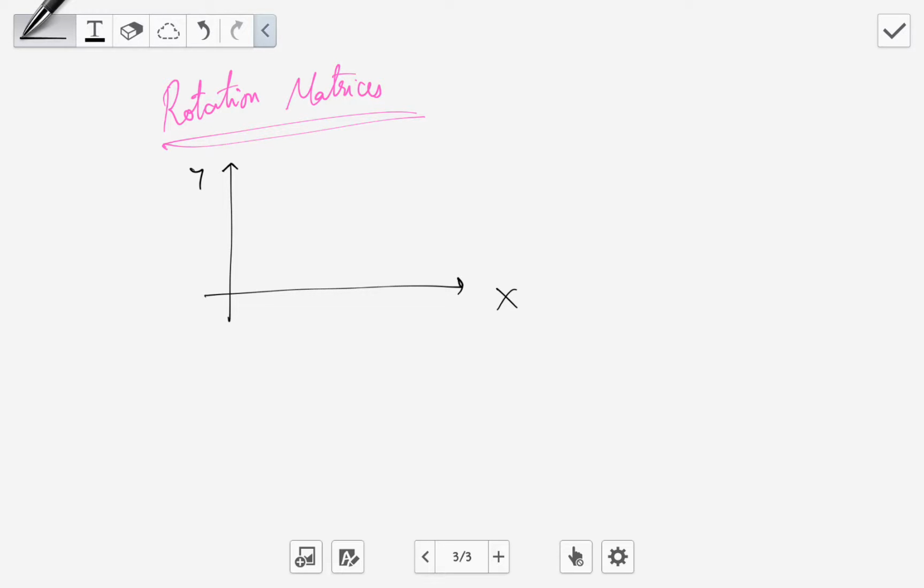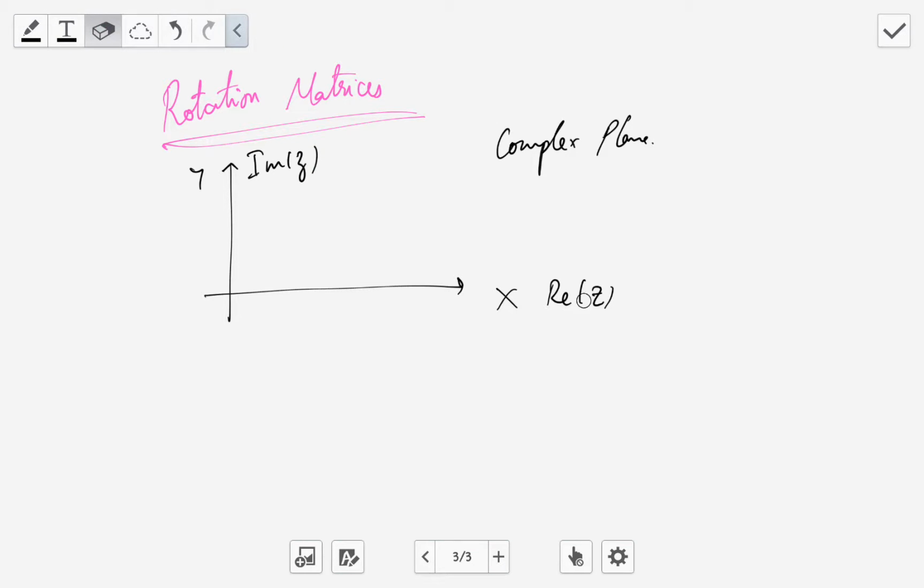Now, let us say this is our complex plane. So this will be the real part of z, and this will be the imaginary part of z.